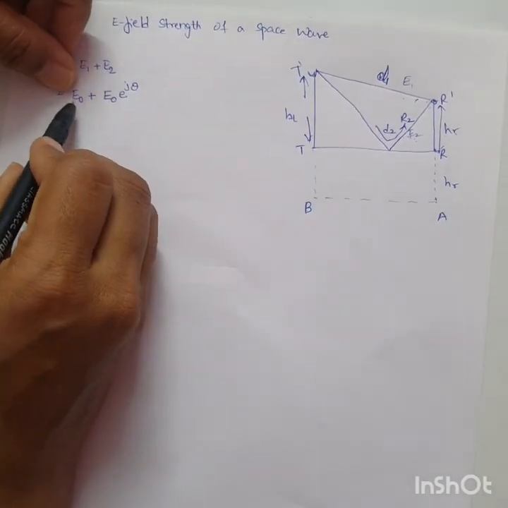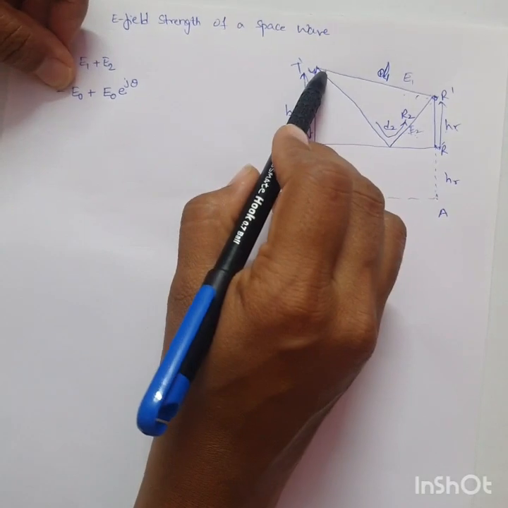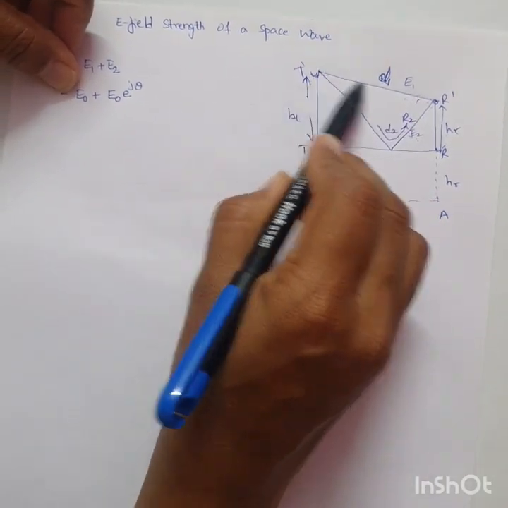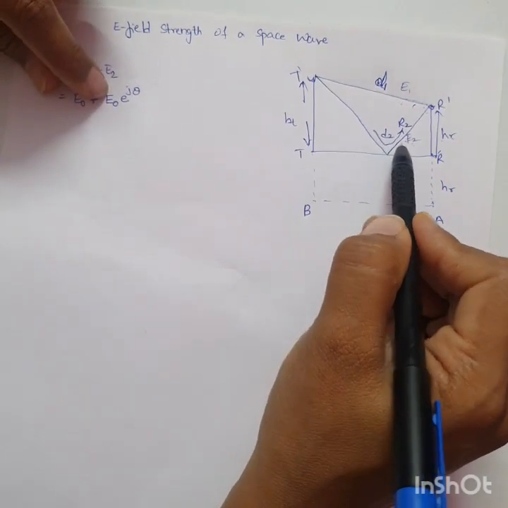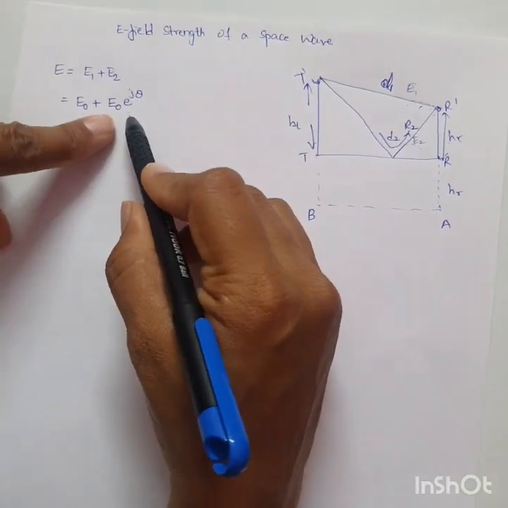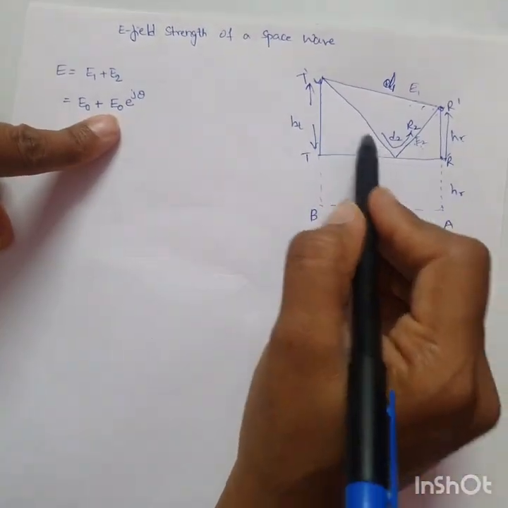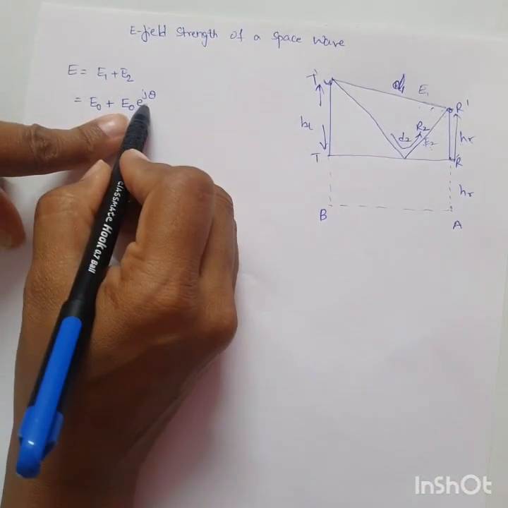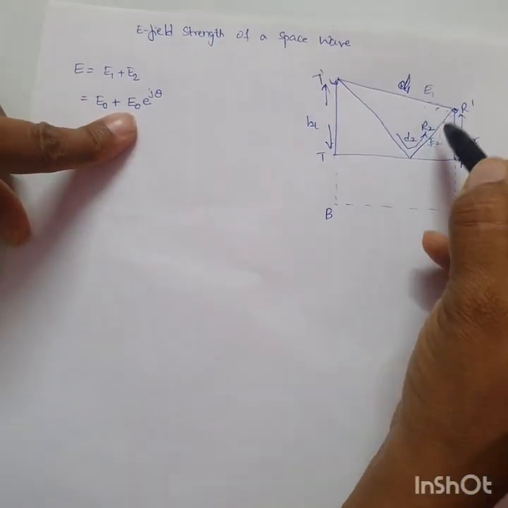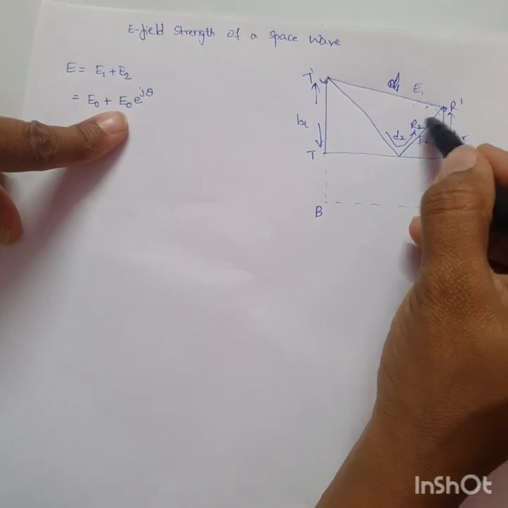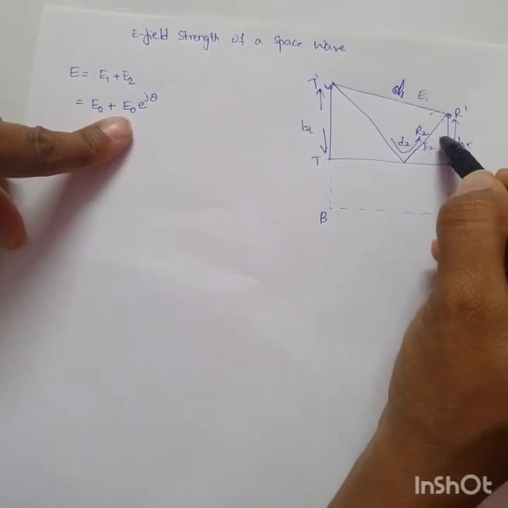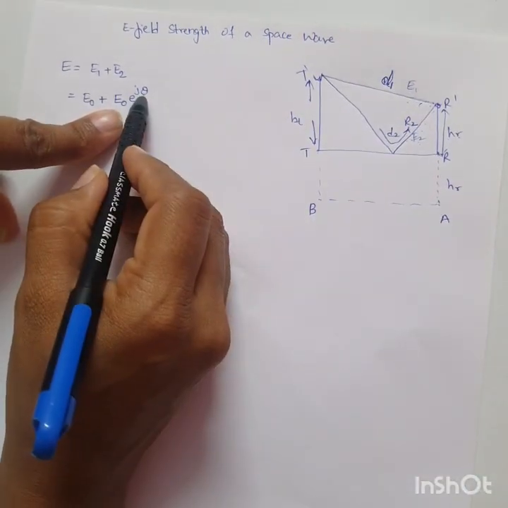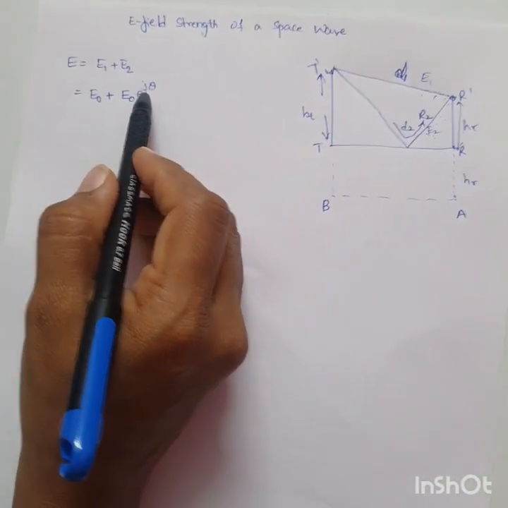E0 is the electric field strength which propagated through path 1, and E0 into e power j theta is the electric field strength due to path 2. So what is this theta? There will be a certain phase difference between path 1 and path 2, and that phase difference we are writing as theta.